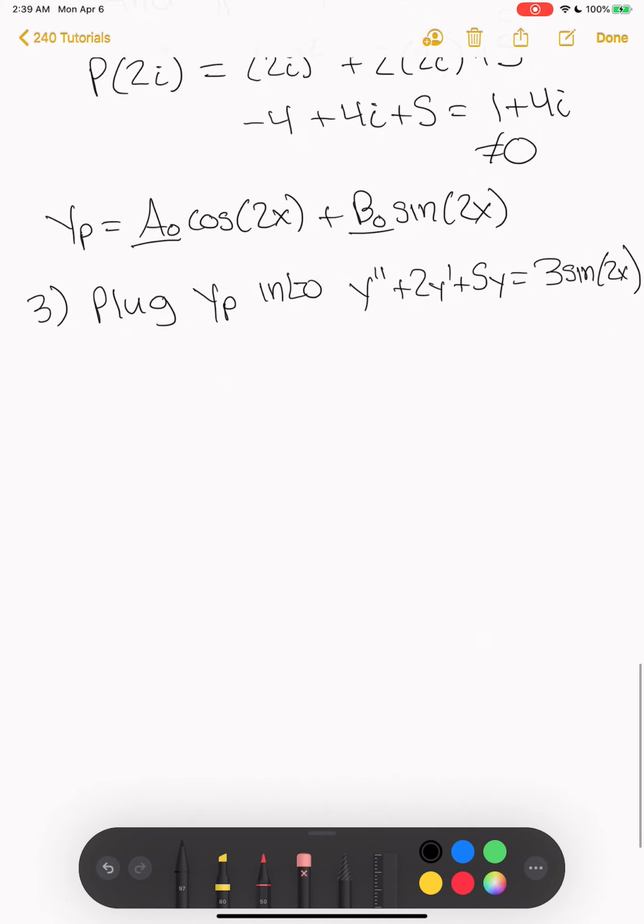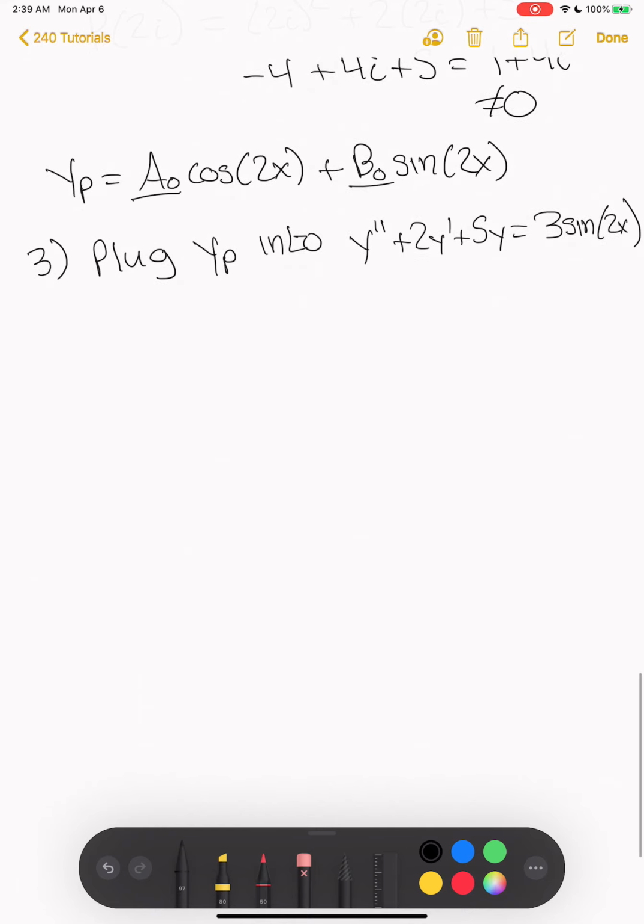So this will be tedious, right? Because you have to take two derivatives. I find it helpful to just do all the derivatives before you try to add anything together. So let's start with the particular solution again: a naught cosine of 2x plus b naught sine of 2x.